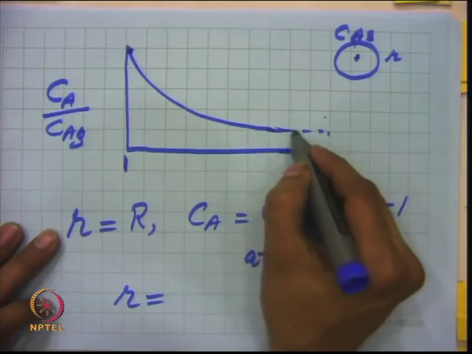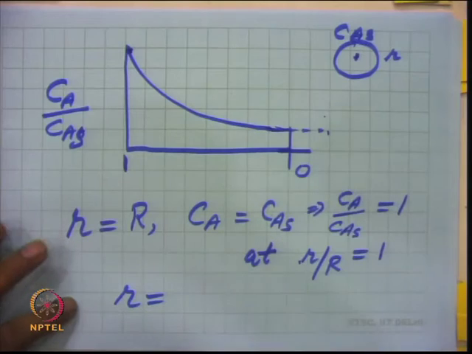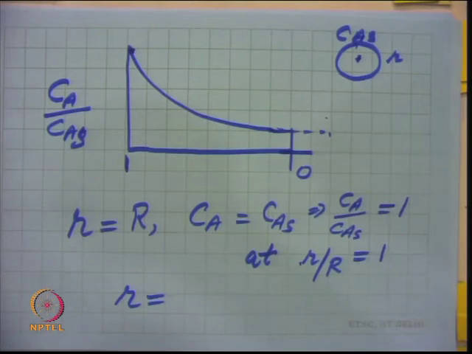This is where r is equal to 0, the center of the pellet, and then you have symmetry on both sides. This is important to find the concentration profile of the reactant material or limiting component, that is gas A, in the pore of a catalyst.